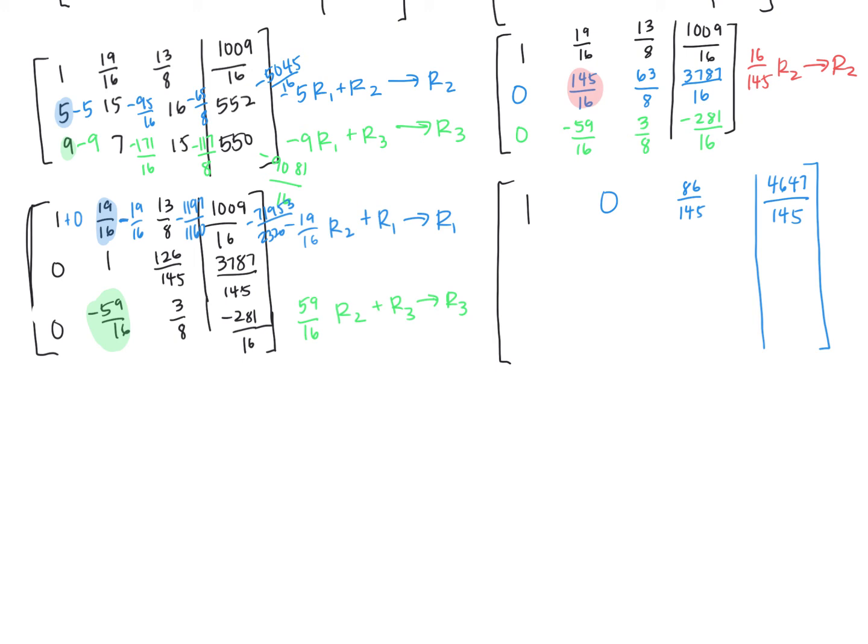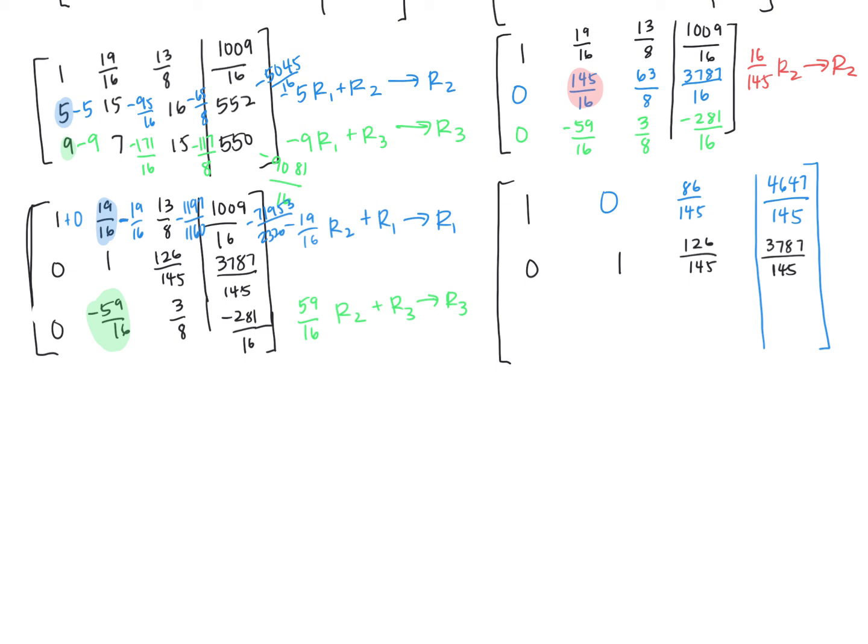The second row is not changing at this time, so we have 0, 1, 126 over 145, and 3787 over 145. And now let's go through and do what's in green, the row operations for the third row.